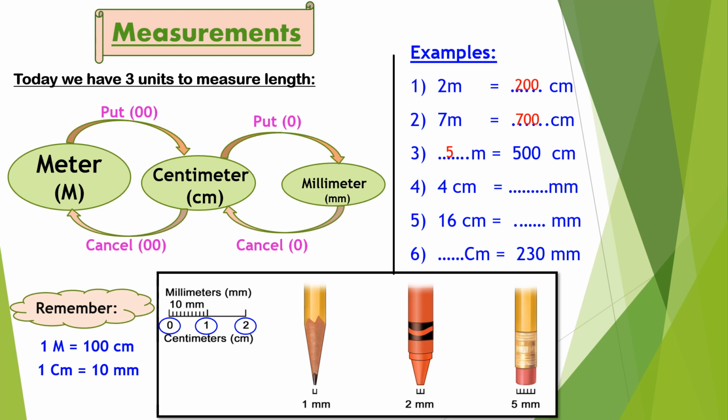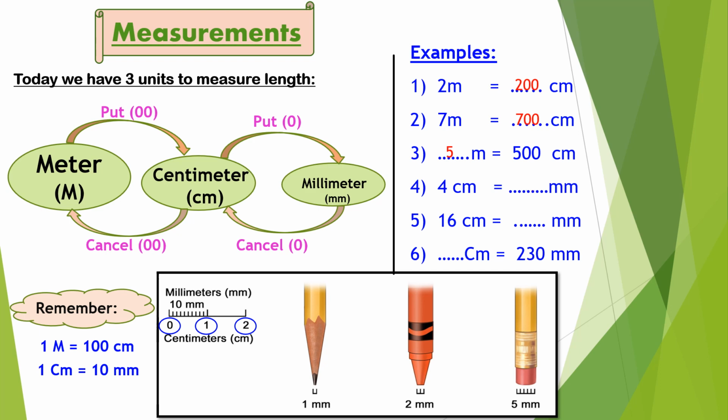Number 4, we have 4 centimeters equal what millimeter? We are converting from centimeter to millimeter. We know that 1 centimeter equal 10 millimeter. So 4 centimeter, 40 millimeter. 16 centimeter, we will put what? 10.